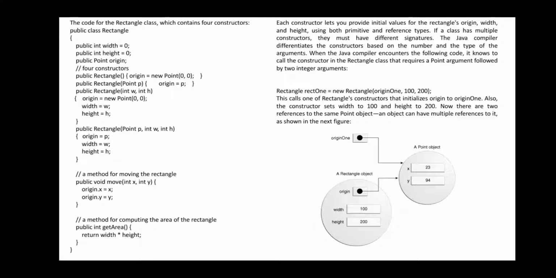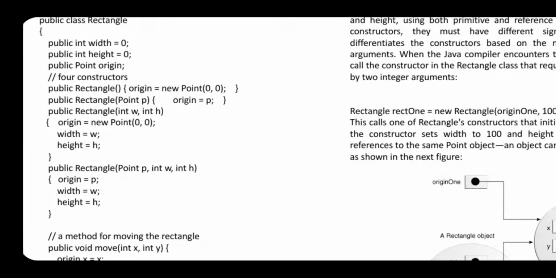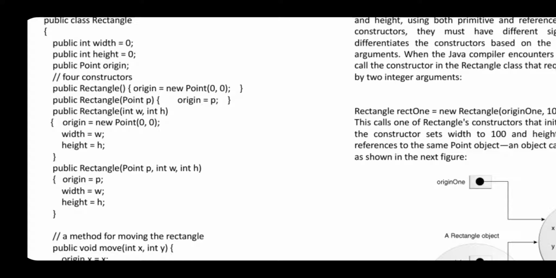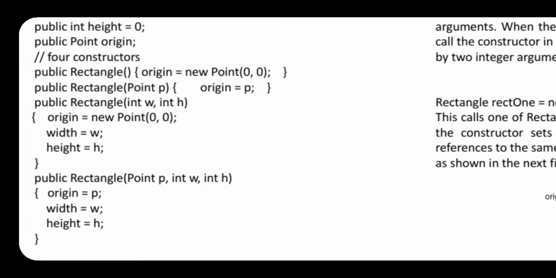What it is going to define is that you are associating the values of another class within the Rectangle. Then public Rectangle(Point p), here is very important. Now you are using a class and its object. Origin is a variable of your Point, wherein you are going to substitute the value of p within origin. Then afterwards you have public Rectangle(int w, int h). What does it mean? Origin = new Point(0, 0) means initializing the values.